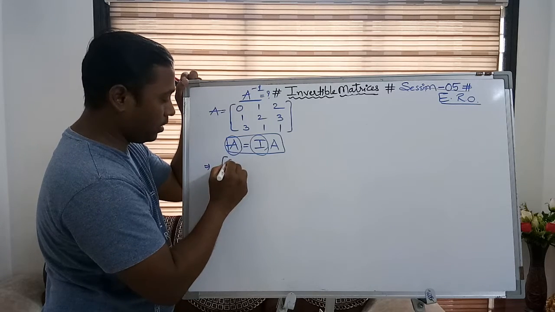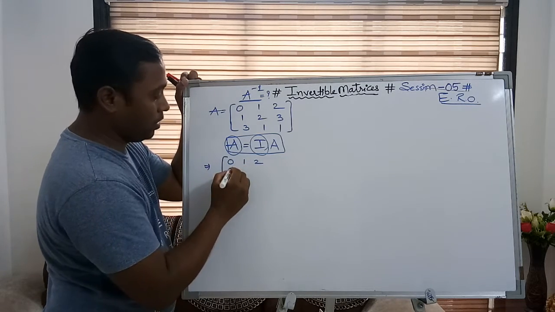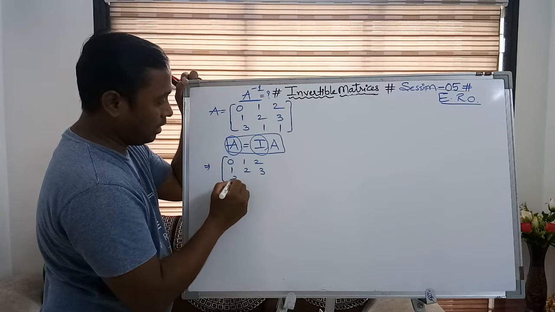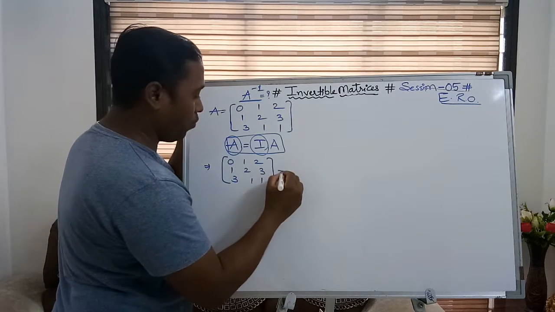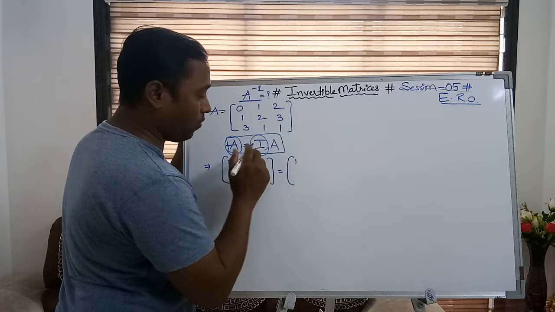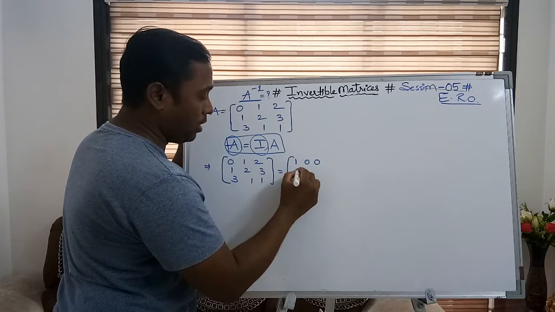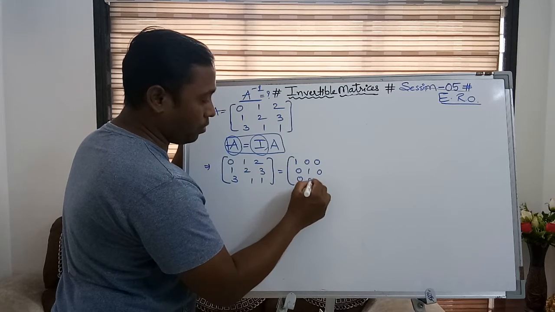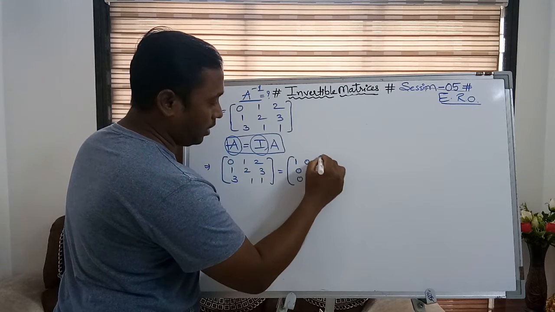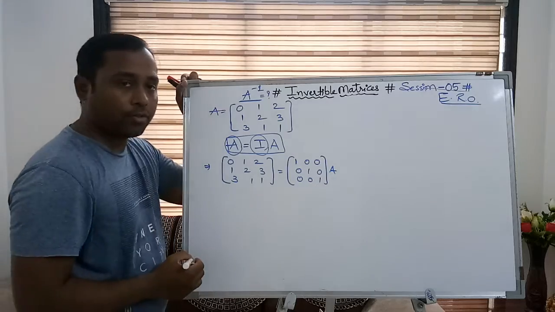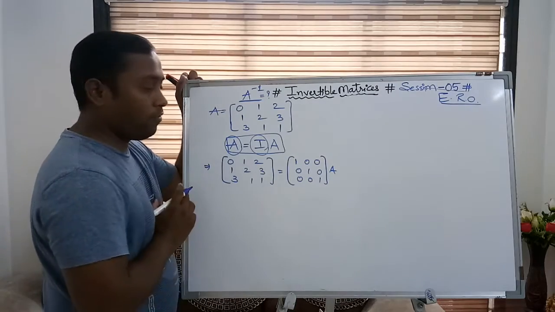You will see 0, 1, 2, 1, 2, 3, 3, 1, 1. And what is I here? Identity matrix of order 3 by 3. So hence it would be 1, 0, 0, 0, 1, 0, 0, 0, 1 into what? A matrix.